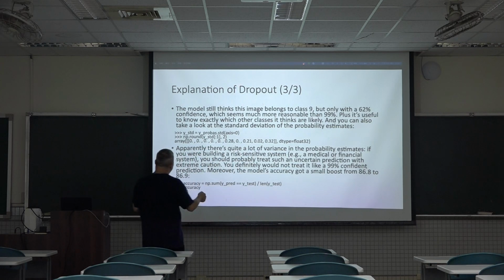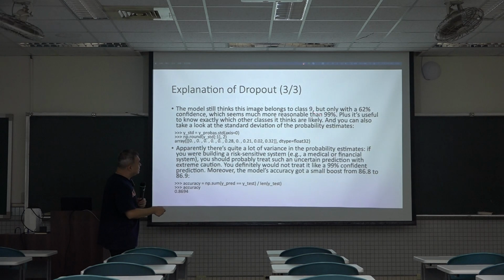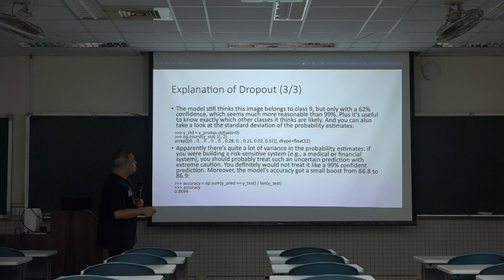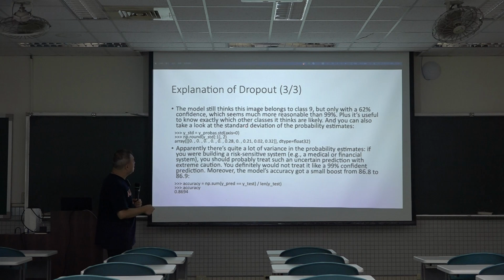The model still thinks the image belongs to class 9, but only with a 62% confidence, which seems much more reasonable than 99%. Plus, it's useful to know exactly which other classes it thinks are likely. You can also look at the standard deviation of the probability estimate.